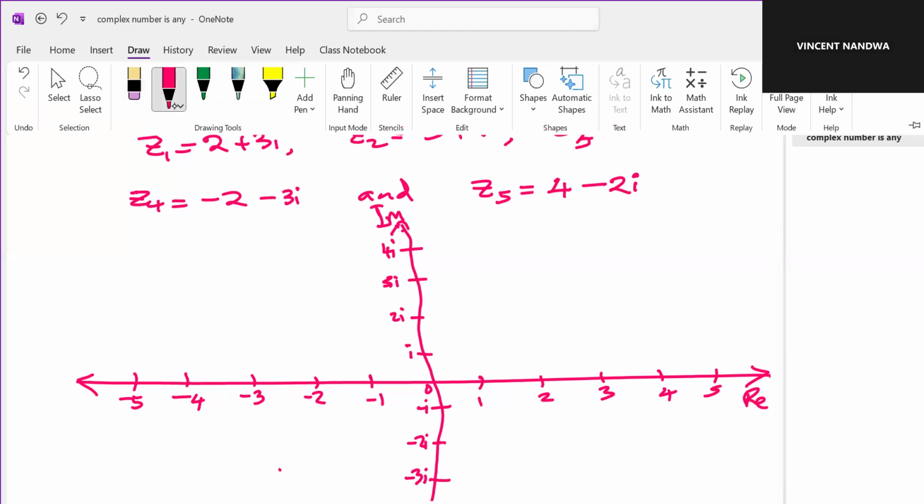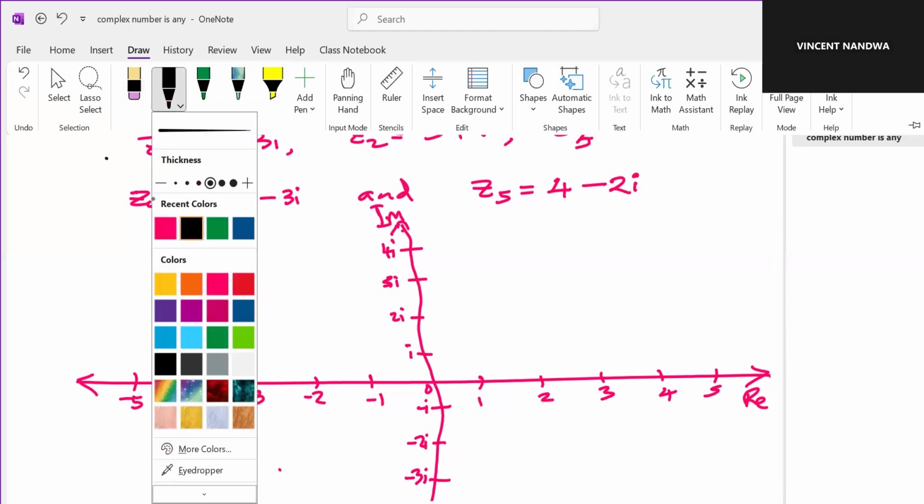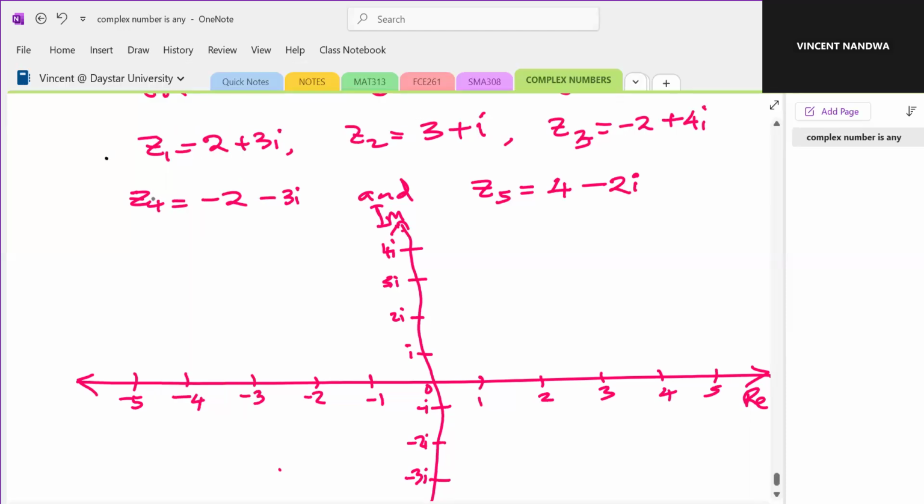To plot the point Z1, given as 2 plus 3i, on the horizontal axis you are at the point 2, and you move parallel to the positive y-axis 3 units. So 3i is here, and where it meets, this is what you plot with a small x.